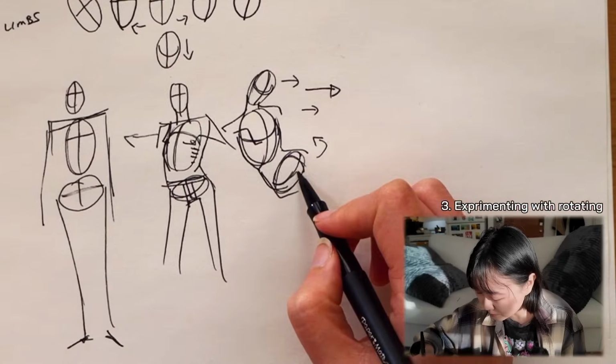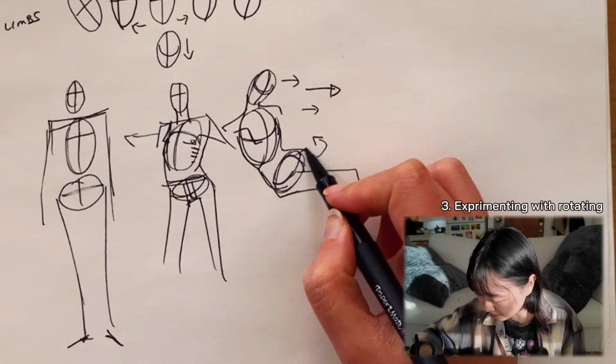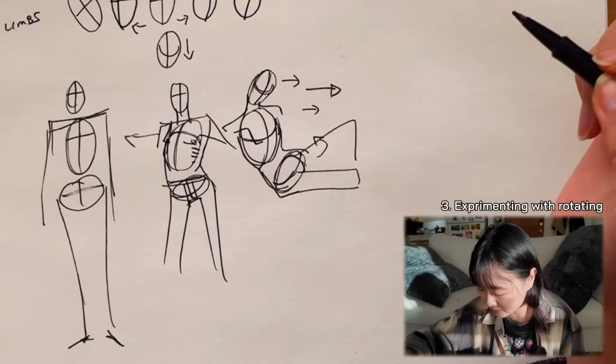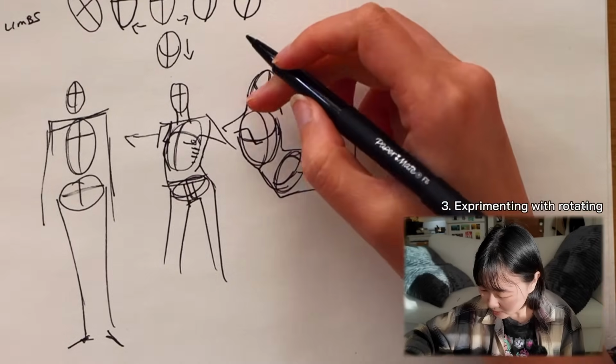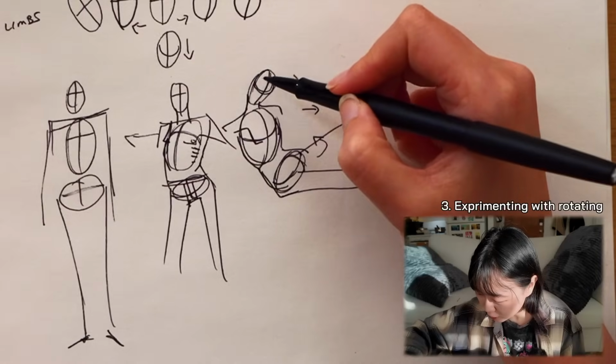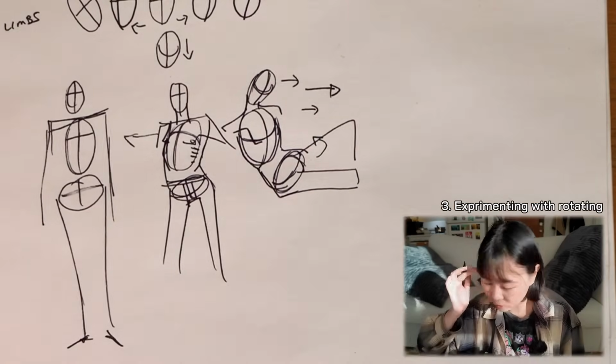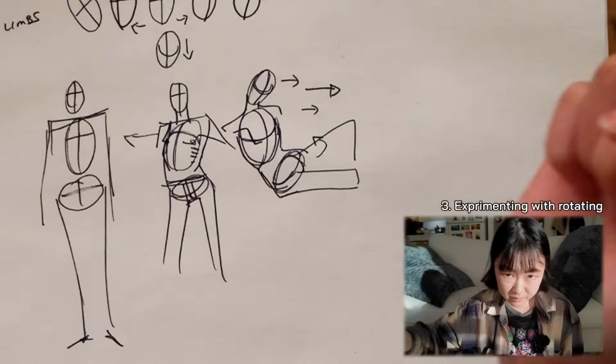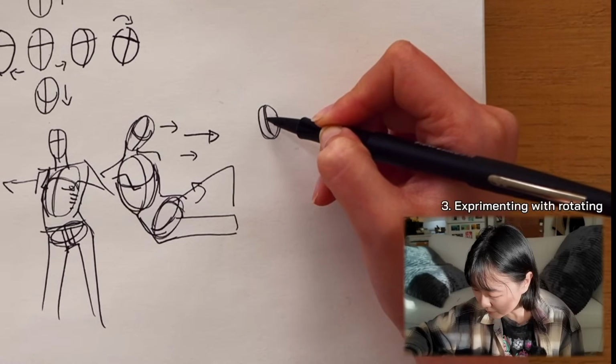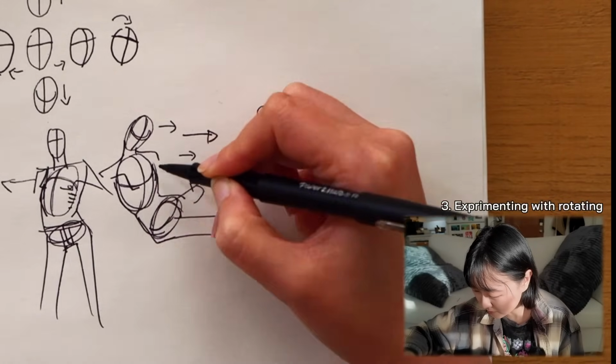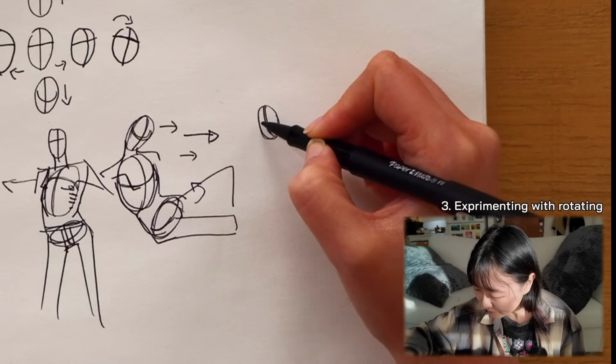So if I wanted to make this pose a little bit more interesting, I would change the head. I think the head is messing this up. I would either change the head to be looking the other way or just tilt it a different way. Maybe tilt it upwards since both of these are tilted downwards.